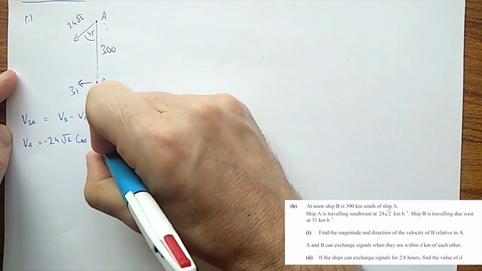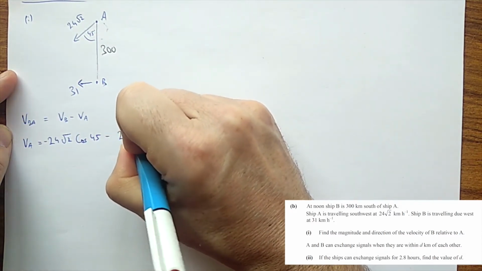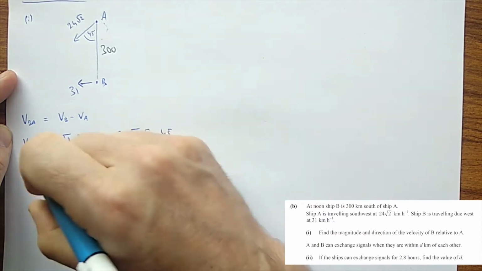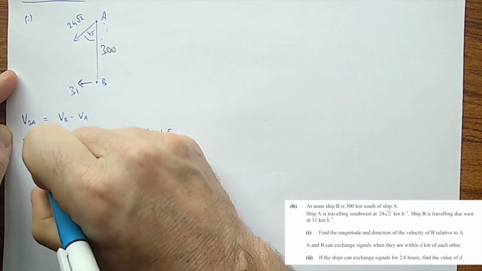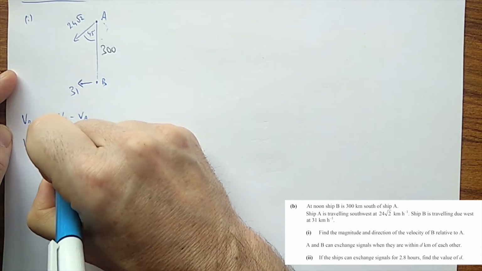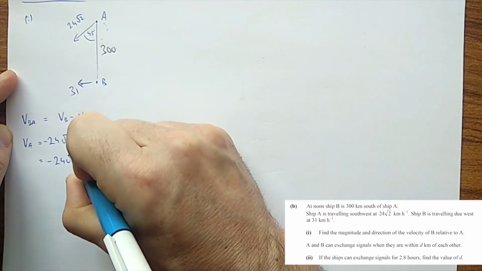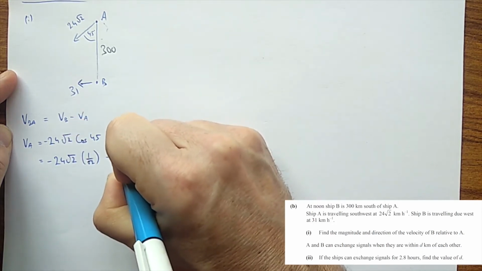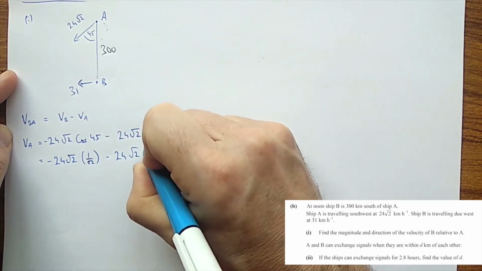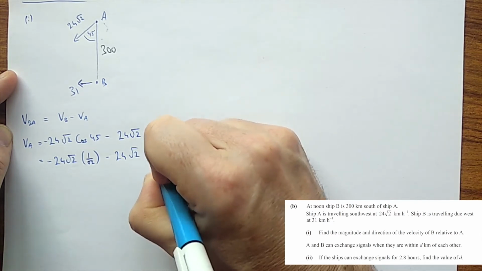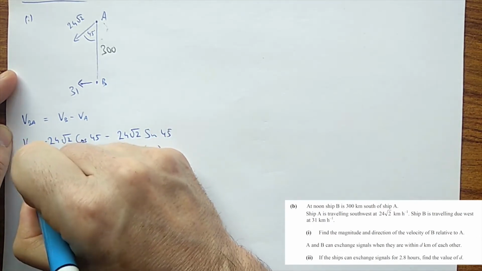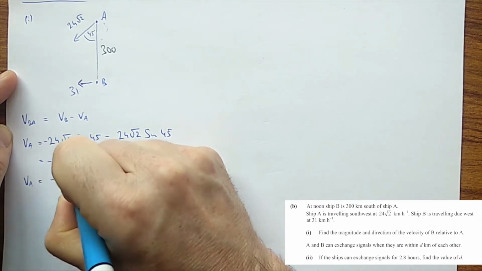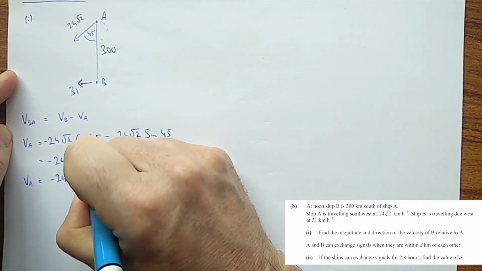So pop our minus in there. Minus 24 root 2 sine 45. So that is minus 24 root 2, and that is going to be 1 over root 2. That's 24 root 2 times 1 over root 2. You can see how this is about to get very nice. So the velocity of A is minus 24i minus 24j.